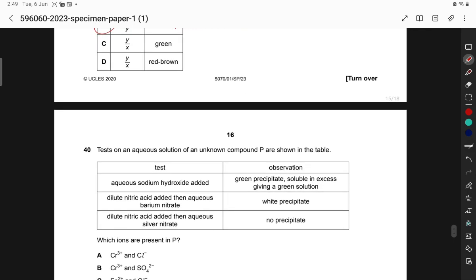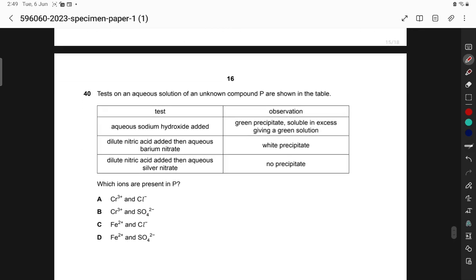B option is correct. Tests on the aqueous solution of unknown compound P are shown in the table. Aqueous sodium hydroxide added gives a green precipitate soluble in excess, giving a green solution. This is chromium. Dilute nitric acid added, then aqueous barium nitrate gives a white precipitate of barium sulfate. This is the test for sulfate ion.